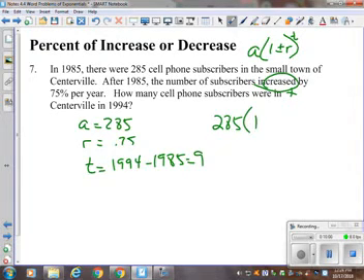So 285 times (1 plus 0.75) to the 9th power will tell me how many cell phone subscribers there will be at that time, which is definitely going to be more than 285 because it's increasing. If you get a number less than 285, you're doing something wrong. That would be a clue.